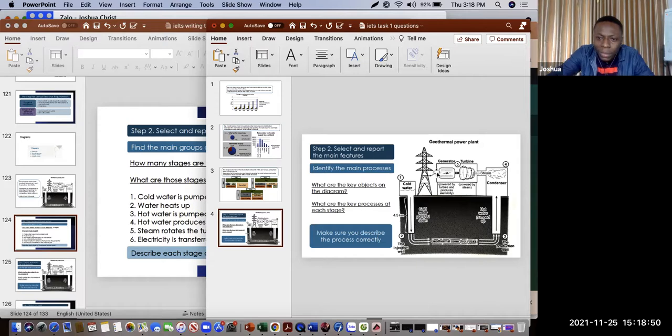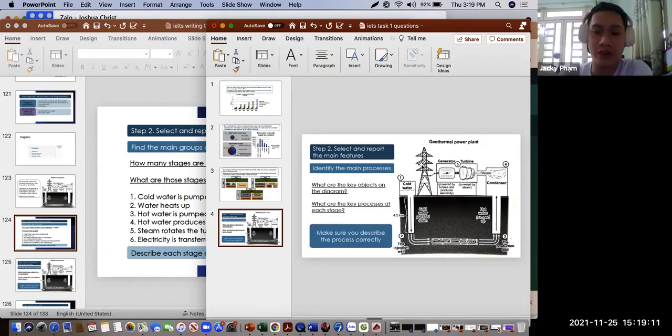So you can see an arrow and a movement of the arrow, which shows that electricity has been produced and then transferred. So you will get all your information from the diagram. You see? All your data is from the diagram. You mean nothing is wrong and nothing is right?